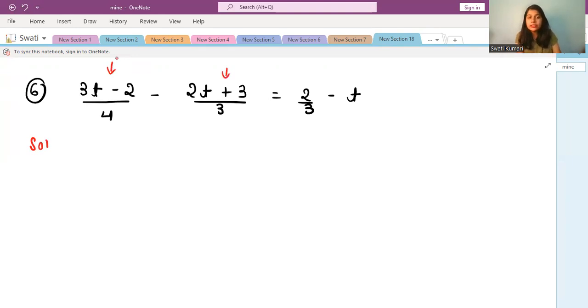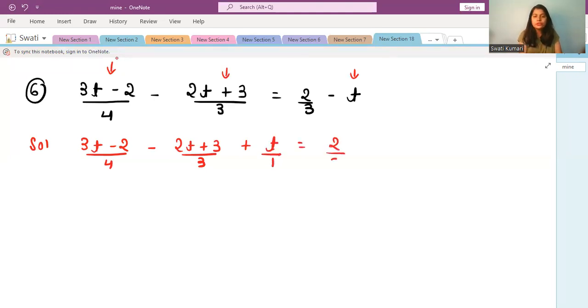I'm considering this as one term only, and in this term also we have t. So let us write down all the t terms together. So this is already on the correct side. So 3t minus 2 upon 4 minus 2t plus 3 upon 3, and this minus t will become plus t, and plus t is the same as t upon 1 also, equals 2 upon 3.